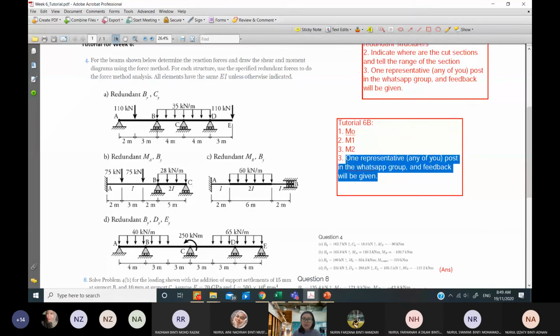Then I want to see, in table form, all these compatibility equation inputs. Then I want you to write the compatibility equation.